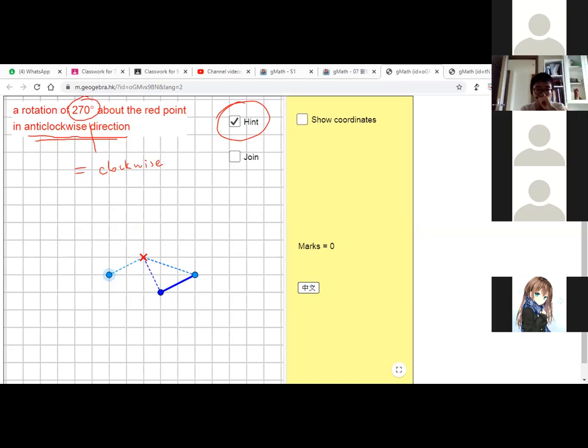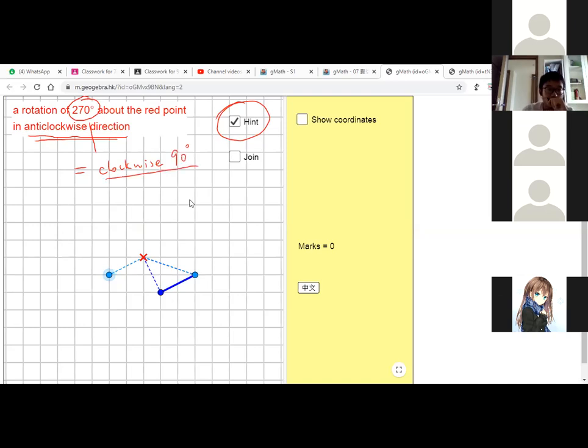Anti-clockwise 270 degrees is the same as clockwise... 90. Yeah, very good. Anti-clockwise 270 is the same as clockwise 90 degrees.